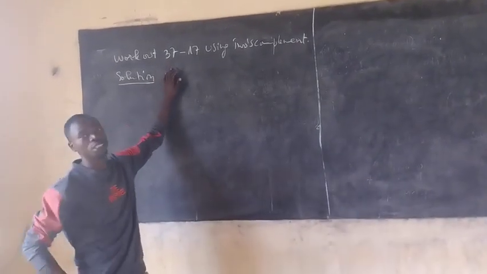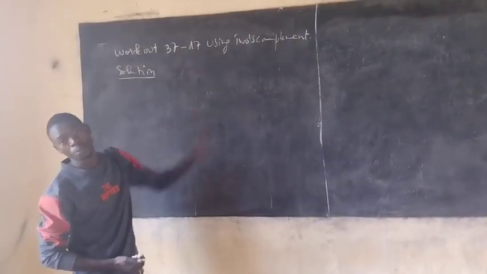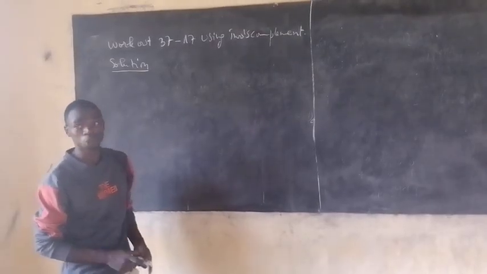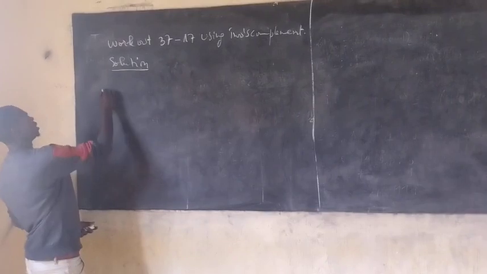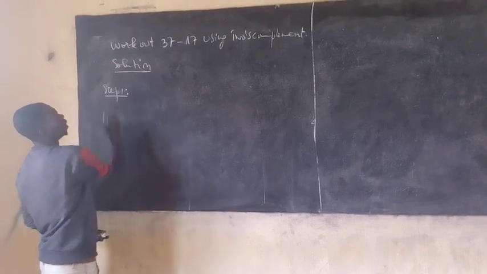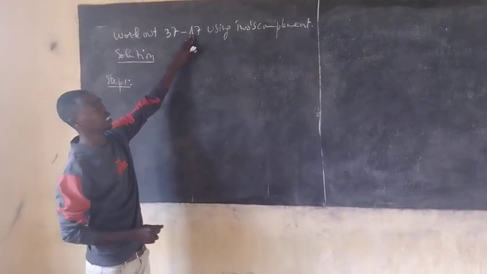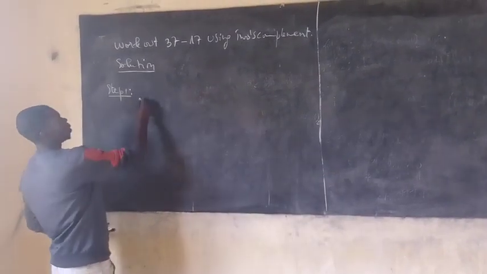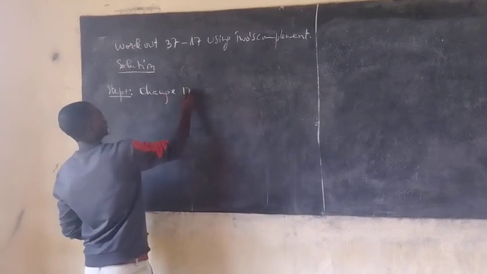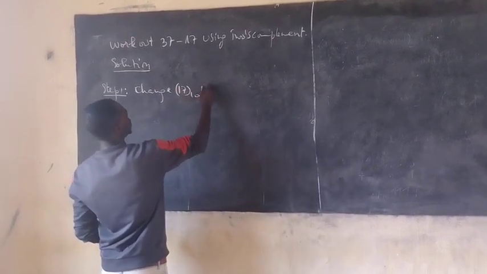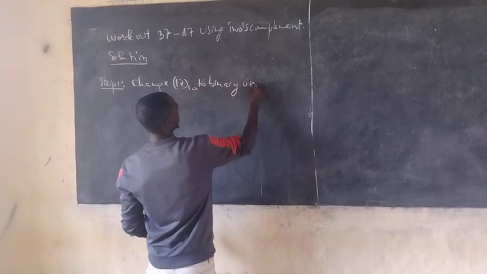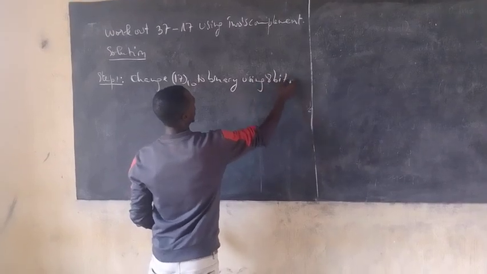To perform this question by using two's complement, we pass through 6 steps as we are going to show. The first step: we change 17 base 10 to binary using 8 bits.